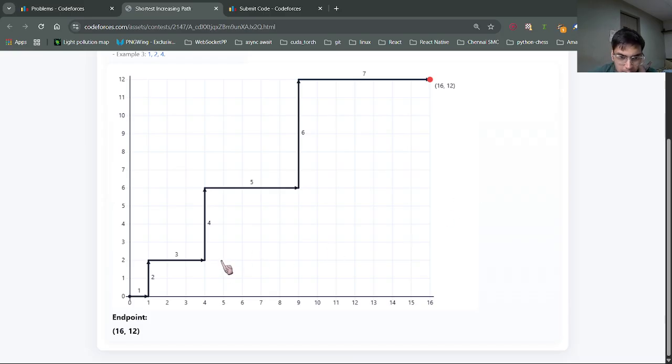So for example, if I want to reach here, then I can do it because here, here, and then I can reach here. Exactly, but I want to reach here. That's not possible. Right?